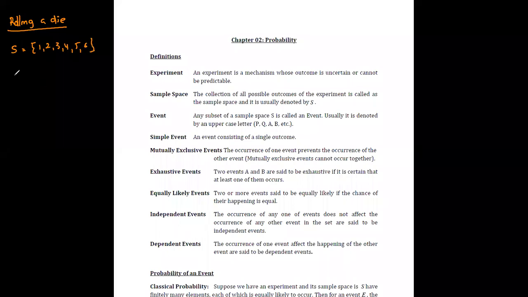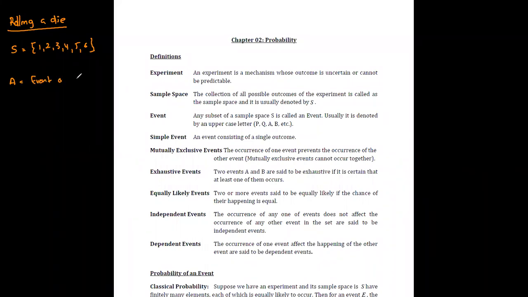If I consider a simple event, let A be the event of getting 1 on the surface. This is one event that we can consider. Likewise, event B can be considered as the event of getting 2 on the surface. Likewise, you can name the events.